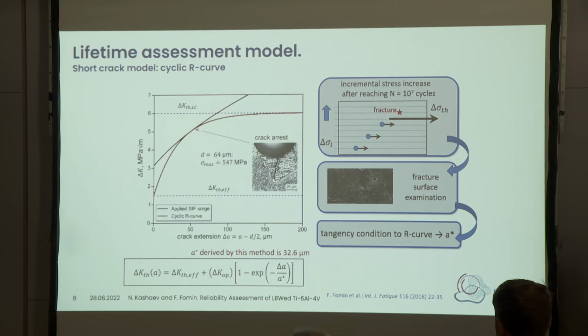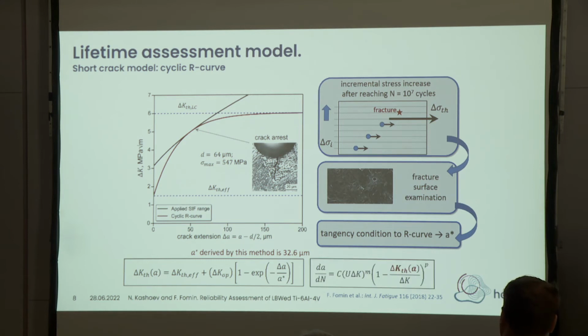And here our R-curve is represented, and here is the specimen with a crack arrest. In the specimens that did not fail, we observed some cracks, and this is a proof of our concept, that we have specimens where the cracks were arrested.